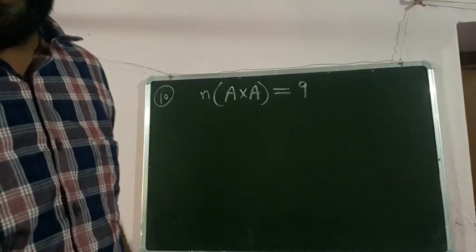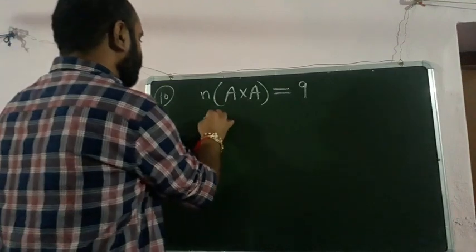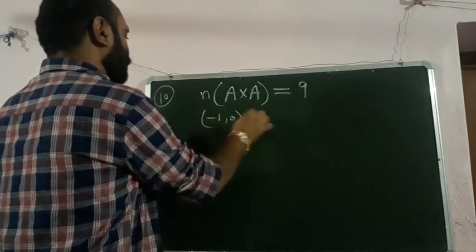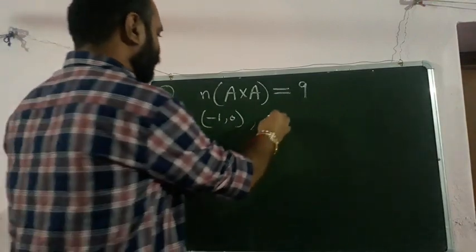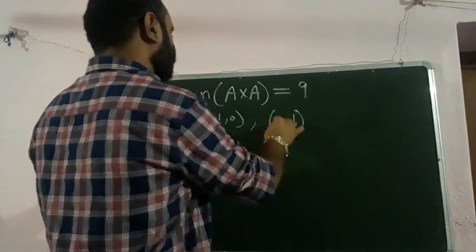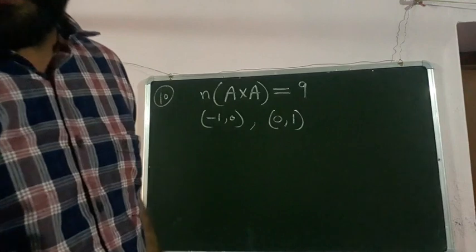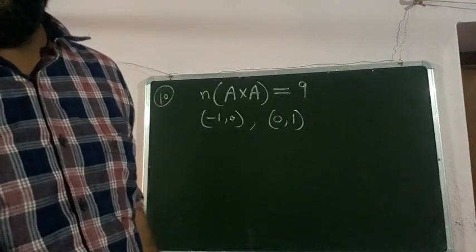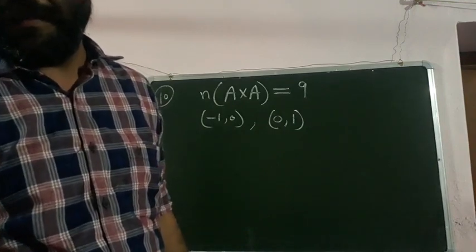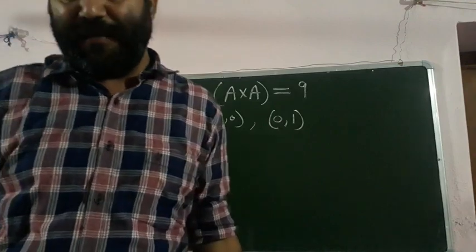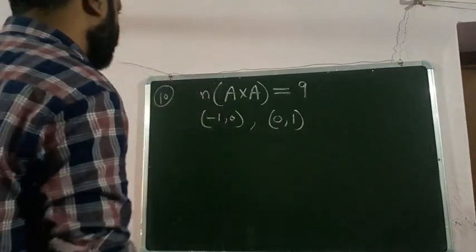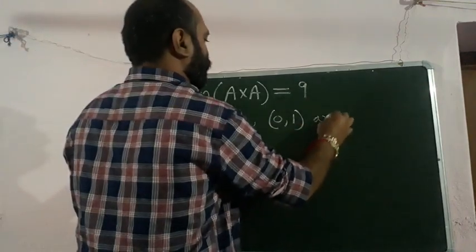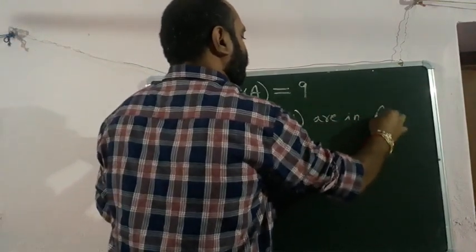Among which are found (-1, 0) and (0, 1) as well. ठीक है जी, ये 2 पेयर्स उसमें सारे 9 पेयर्स में से मिल जाएंगे. ठीक है, find the set A and the remaining elements of A cross A.